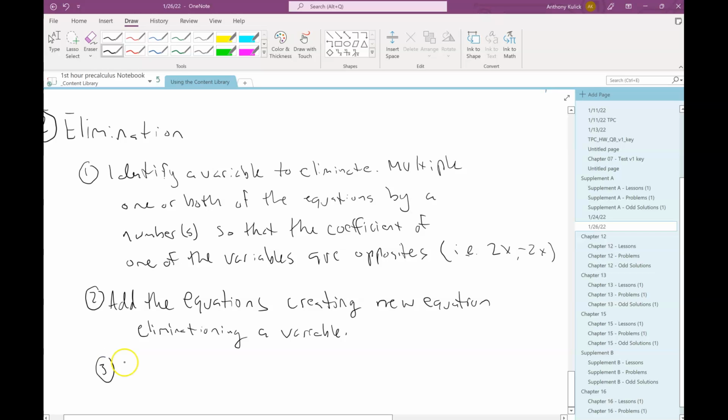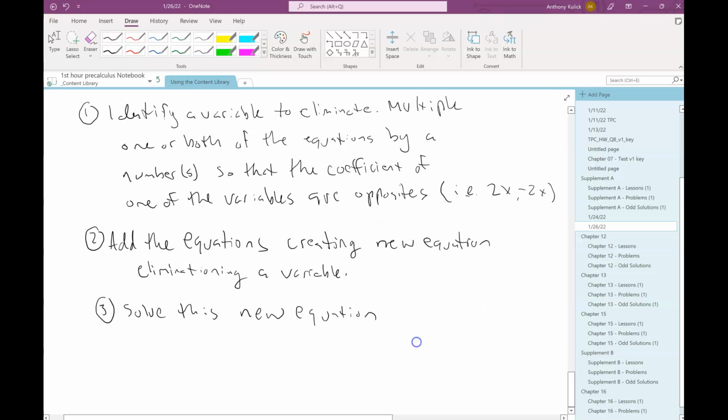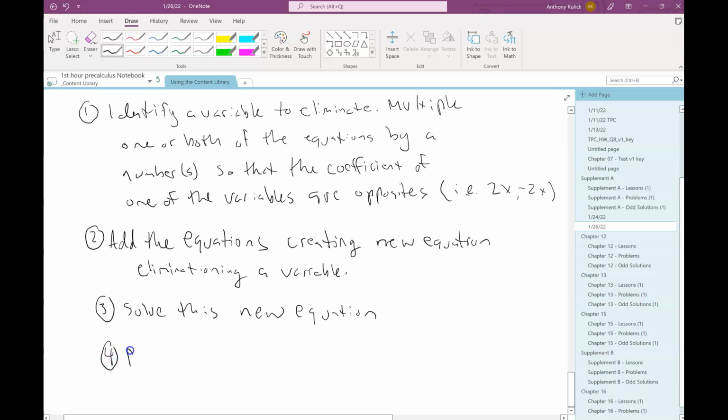And then we're going to solve this new equation. And then we are going to back substitute and solve.